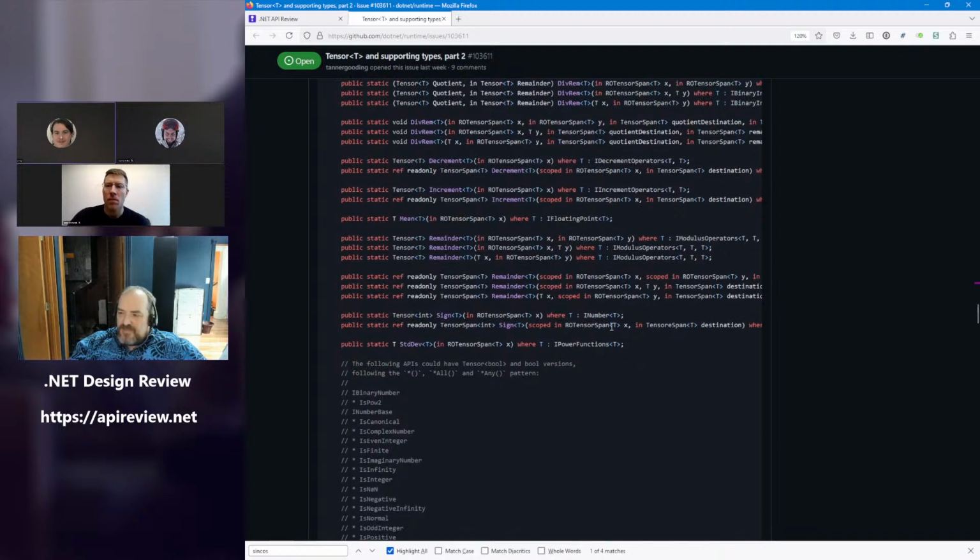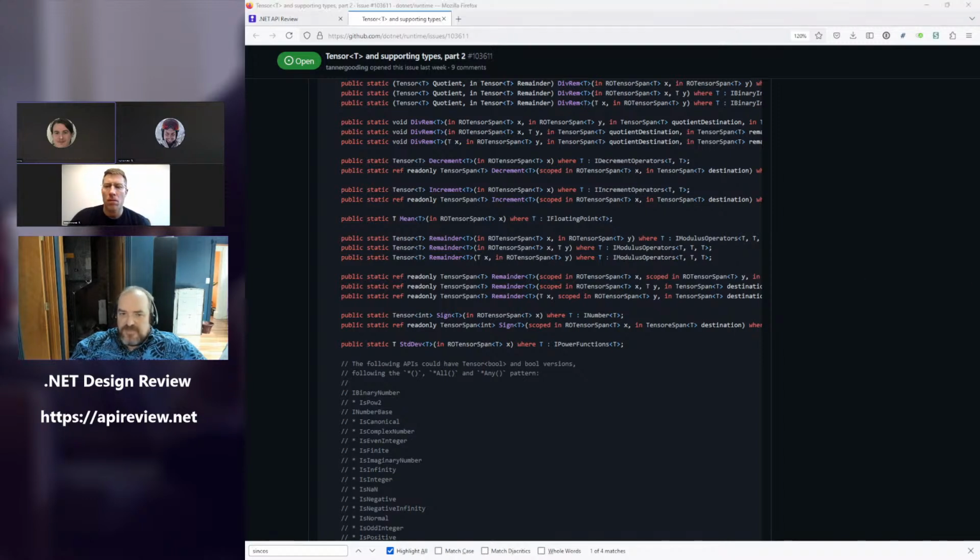We then have mean. Now, mean is an interesting case where it exists for tensors. It doesn't exist for scalars because you can't have the mean of a scalar, and we don't currently have it for vectors. There probably needs to be a separate proposal for adding it to the vector types, but that's not critical for today.